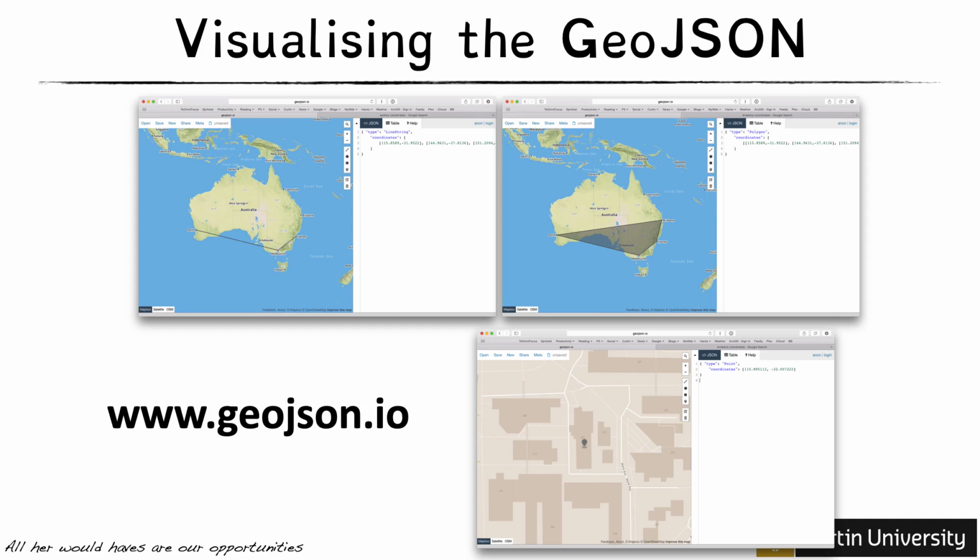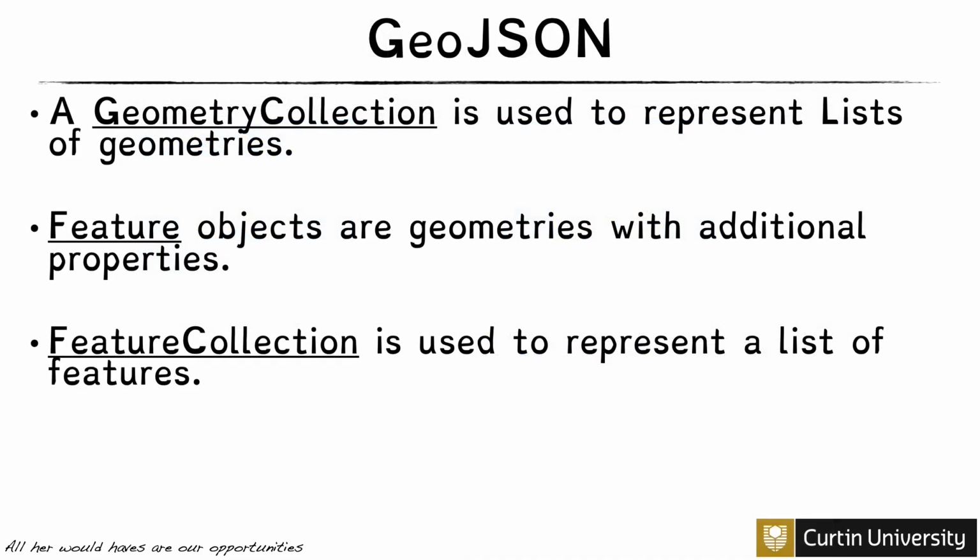That room would have its own grid system, and then we can operate off that grid system for location and identifying things within that space. GeoJSON has these extra things: a geometry collection, and there are feature and feature collections. They're just ways that we go about representing things in GeoJSON.